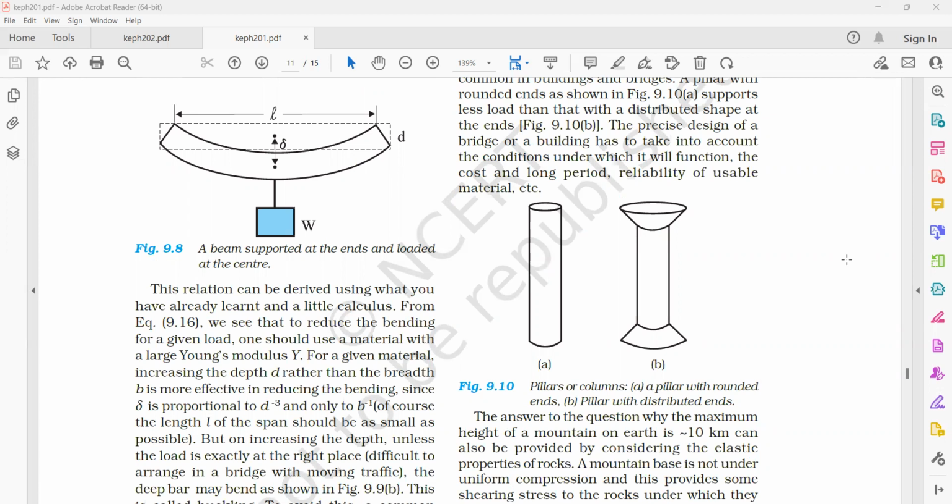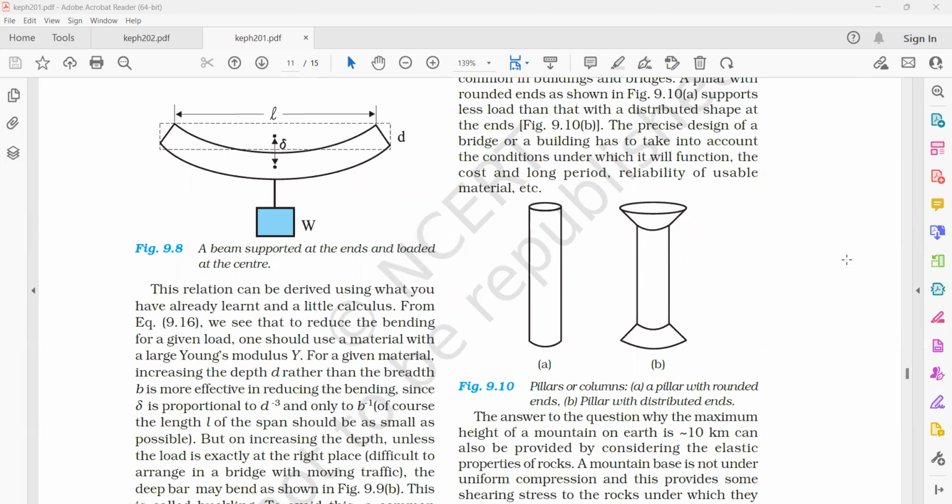Then only we can tell the maximum limit that particular machine can withstand without deforming permanently. It has to deform, but within the elastic limit. Whenever we apply a load on a material, definitely it deforms. There is no doubt, it is according to Newton's laws.